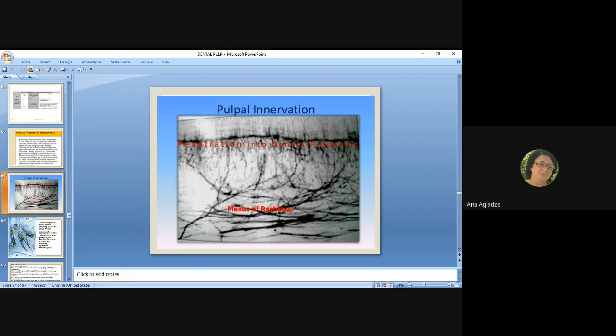We can see this is the plexus of Raschkow, and you can see its branches which approach the dentin, predentin, and dentinal tubule.